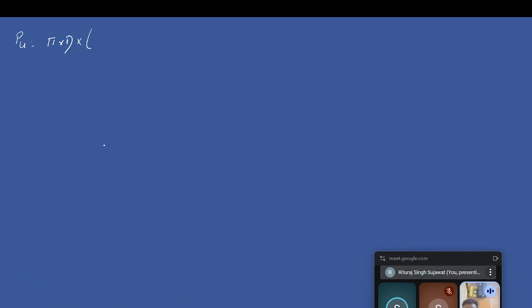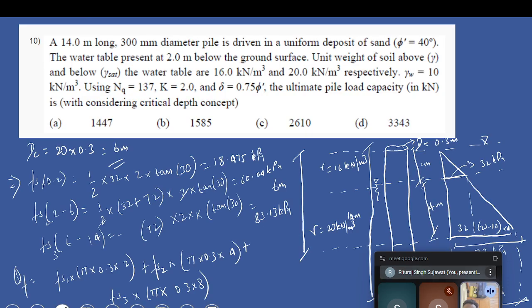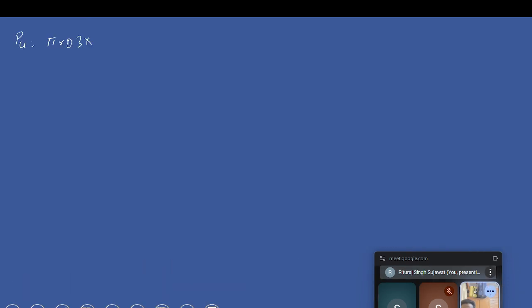Now solve this. So this will be your pi d. First pi d is your 0.3, and then Fs1, 18.475.